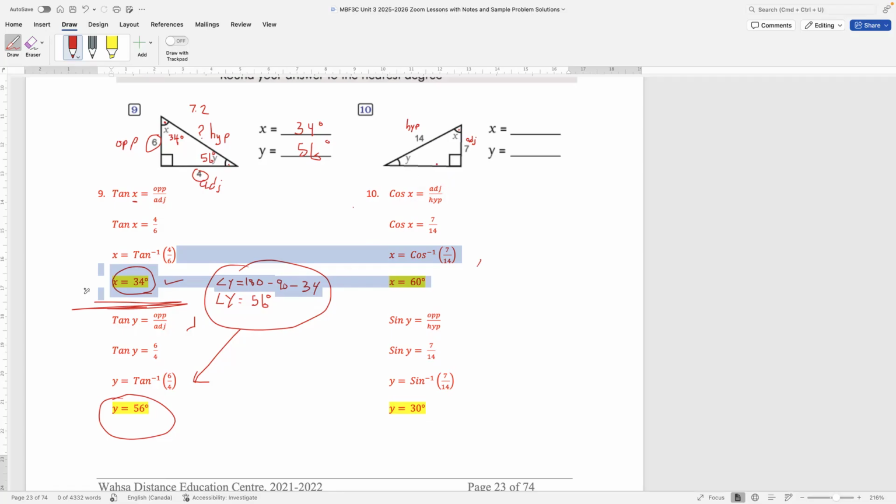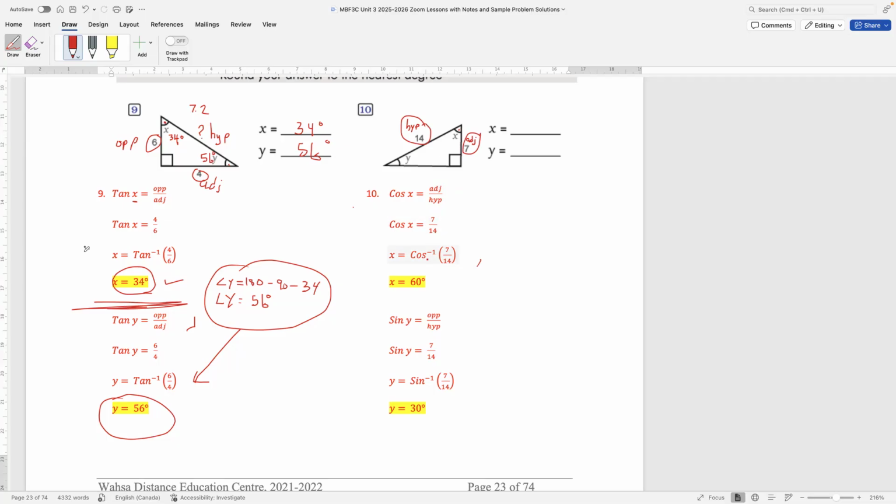So due to substitution, the adjacent side is 7, and the hypotenuse is 14. So 7 over 14.